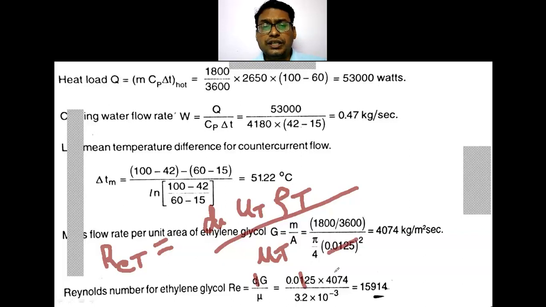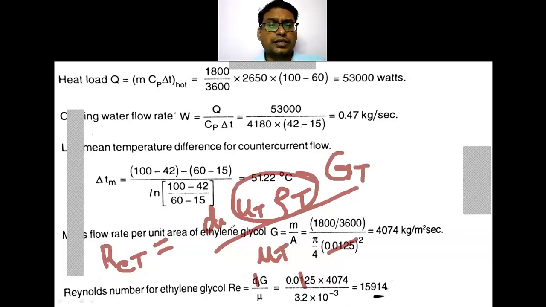Then G, that is U into rho, is the capital G passing through the tubes. That is the mass flow rate per unit area. And mu is the viscosity for the ethylene glycol. So Reynolds number, and this is a turbulent region that is observed.